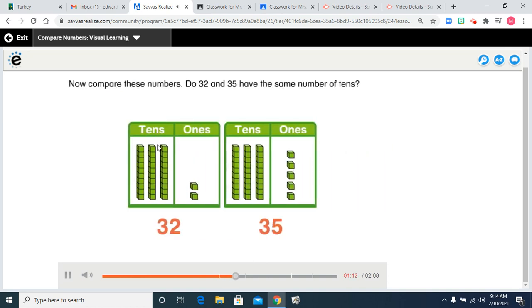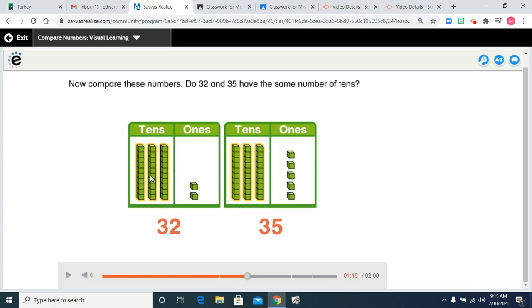Now compare these numbers. Do 32 and 35 have the same number of tens? 10, 20, 30. That's what the 3 is for in the tens place. 10, 20, 30. And that's what the 3 in 35 is for in that tens place.